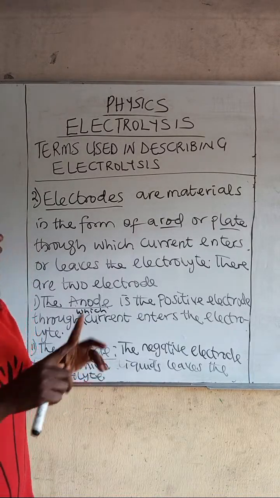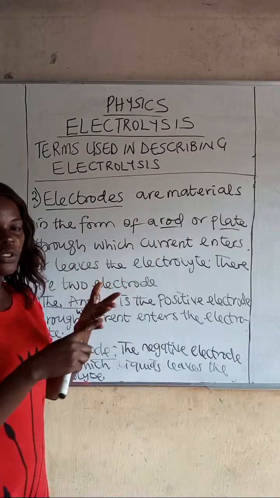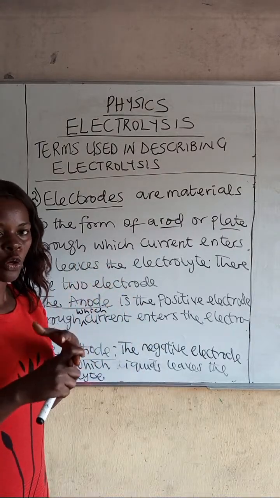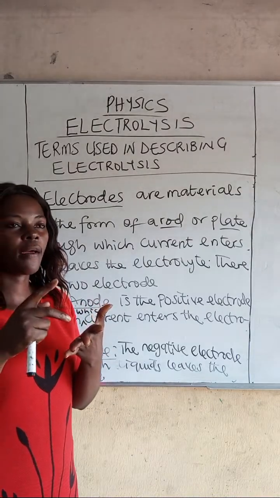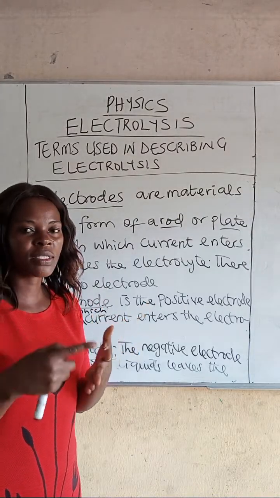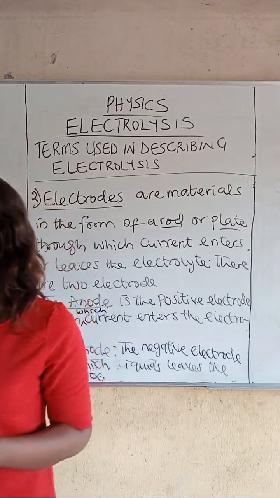I'm going to draw a sketch that contains the anode, cathode, and the electrolyte itself. Okay? So the next thing I'm going to look at is a cell called a voltameter. All right? So let's see what a voltameter is.